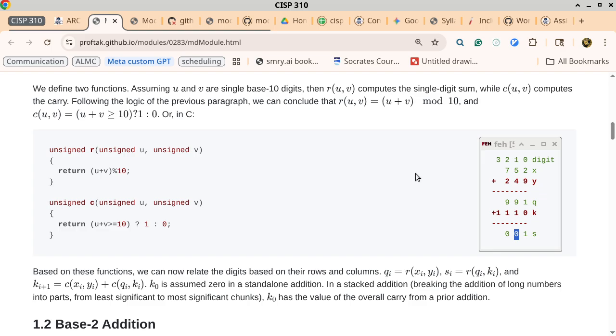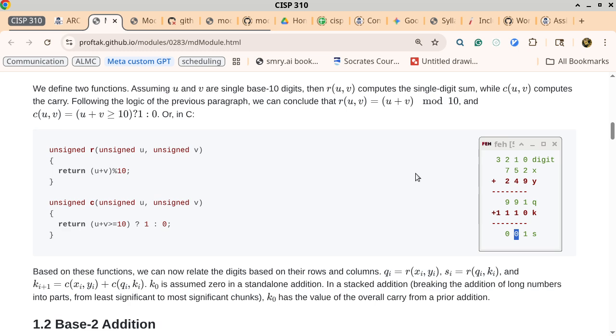You can explain it by, oh, it's because of the x plus the y, or it is because of the q plus the k. So which one yields the carry of 1 for K1? Yep, x0 plus y0 has a carry of 1.